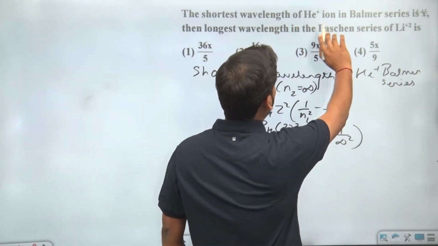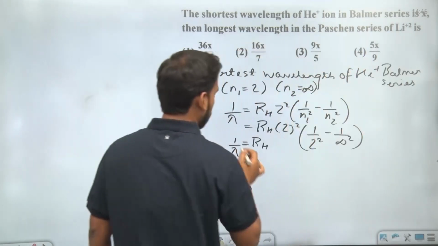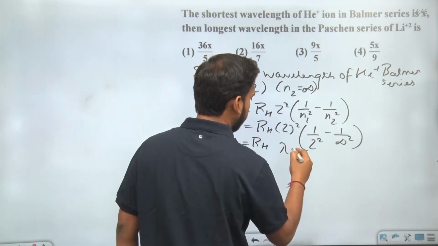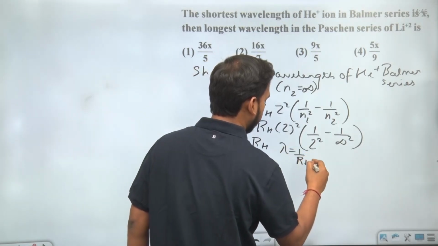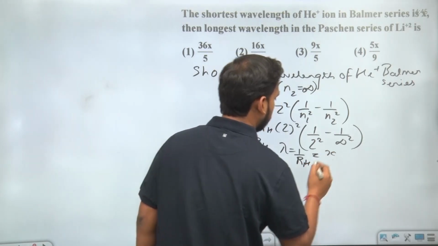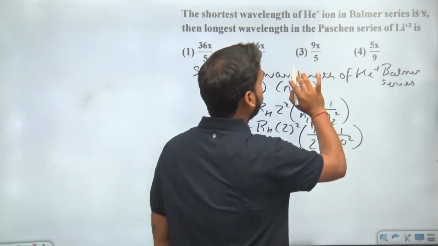The shortest wavelength of the helium plus ion in the Balmer series is given as X, so 1 upon RH equals X. This is for the Balmer series and the shortest wavelength.